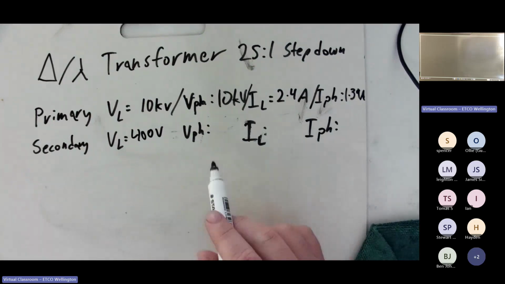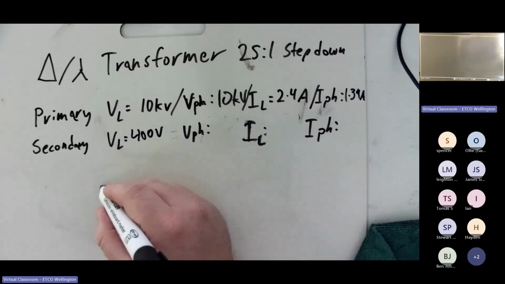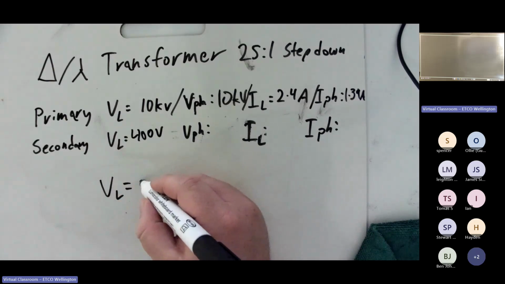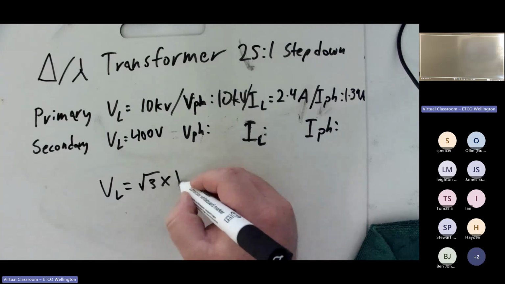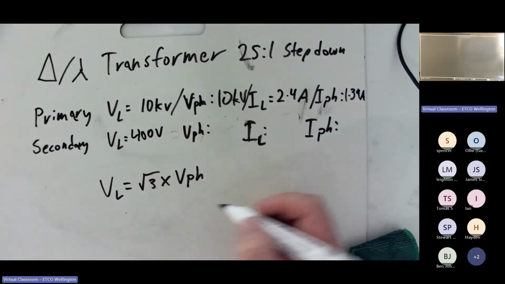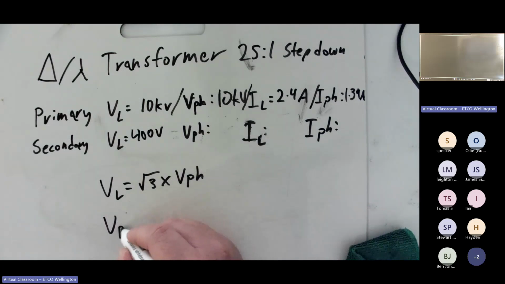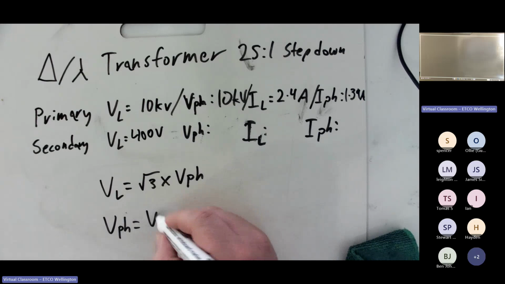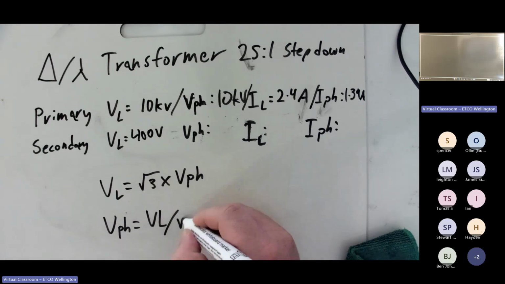Cool, so then we can work out our voltage phase. So we know VL equals square root of 3 times V phase, and we can rewrite this calculation, so it's V phase equals VL over square root 3. I think you may have made a miscalculation there, Ben.